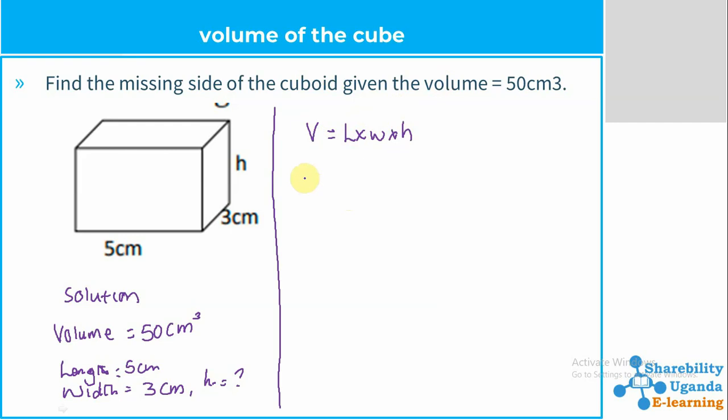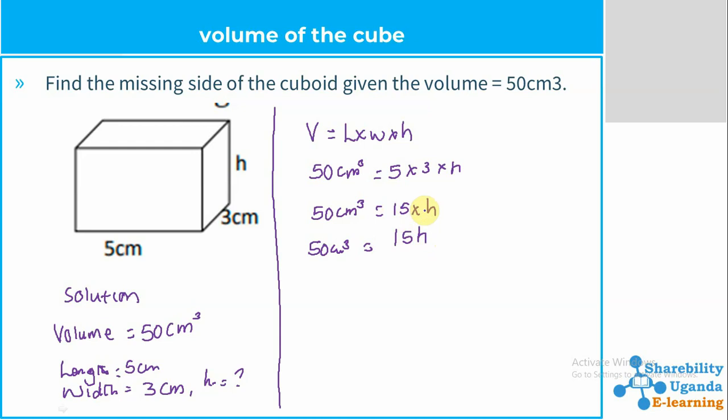Our volume is 50 centimeters cubed, which should be equal to our length, 5 centimeters, multiplied by our width, 3 centimeters, and also multiplied by our missing height. 5 times 3 is 15, so 50 centimeters cubed is equal to 15h.